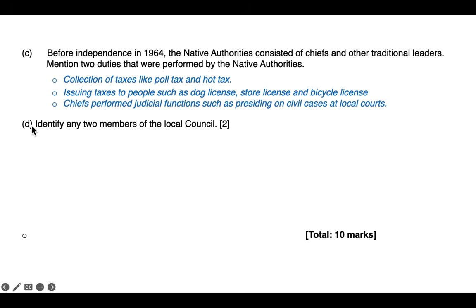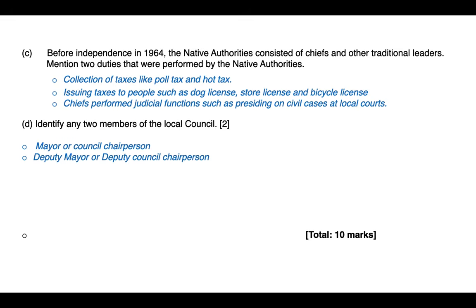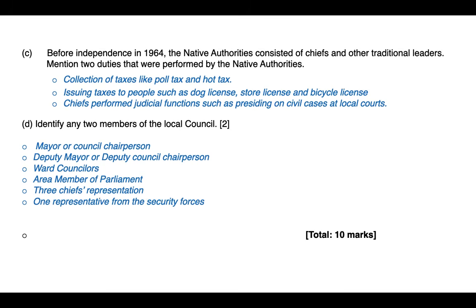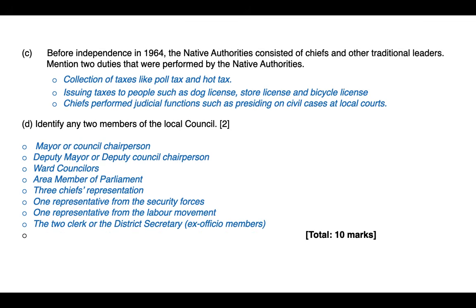And then we go to question D. Identify any 2 members of the local council. There are many members. I'll specify 2 and also give some extra ones for the sake of studying. The first one is the mayor or council chairperson. Then the deputy mayor or deputy council chairperson. Then ward councillors, the area member of parliament, 3 chiefs' representatives, 1 representative from the security forces, 1 representative from the labor movement, and the town clerk or district secretary.